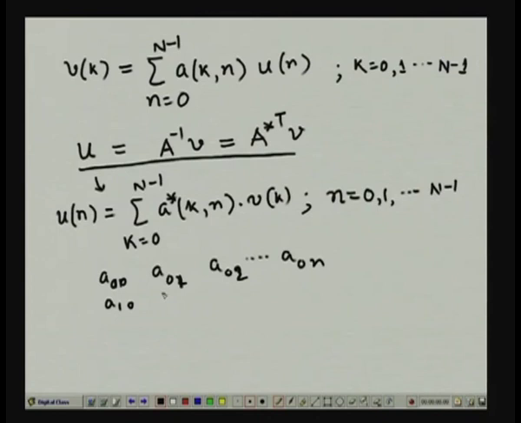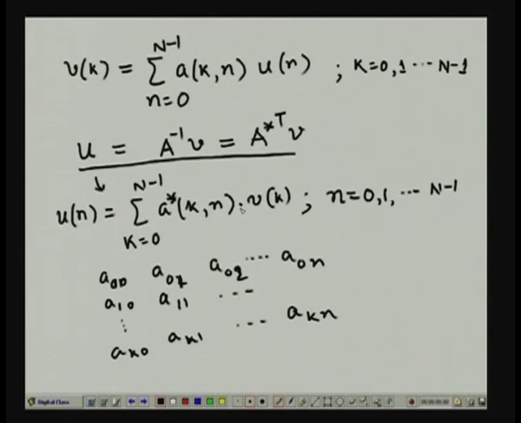Then this will be A 1 0, A 1 1, and it will go like this, and finally I will have A k 0, A k 1, like this, up to A k n.